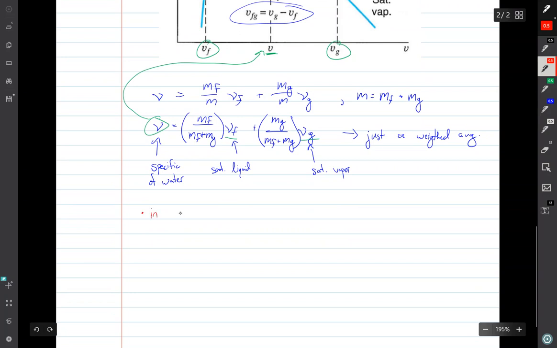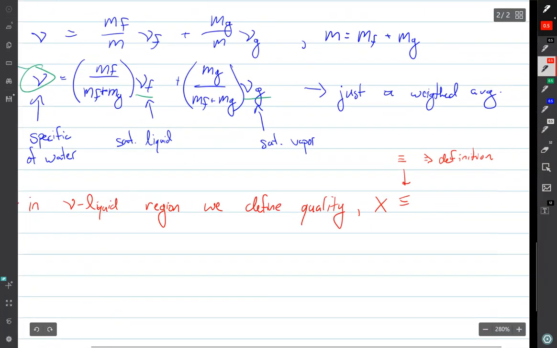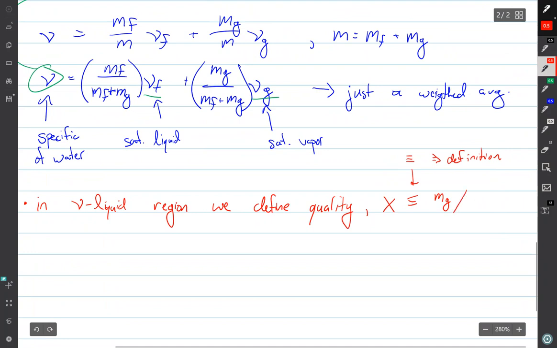So in the vapor liquid region, we define quality, which we give the variable lowercase x, and we're going to define it, right, the triple equal sign means a definition, as the mass fraction of our gas phase divided by the total mass. We'll put a big box around that. We're going to use this guy a lot.